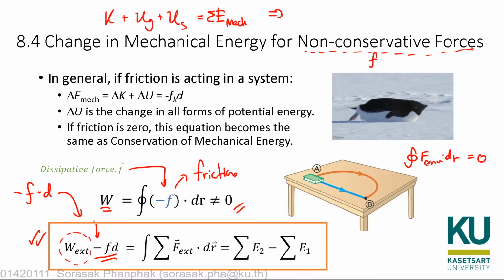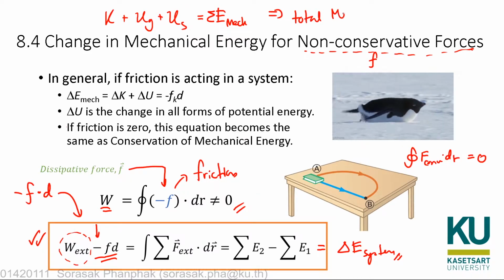This part is equal to the change of energy of the system, or sigma E2 minus sigma E1, where sigma E is your total mechanical energy, involving not only the kinetic energy but also the potential energy.